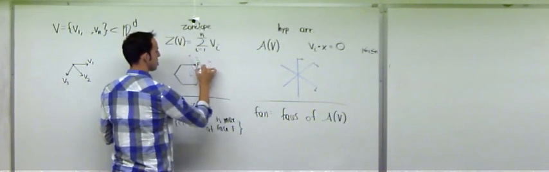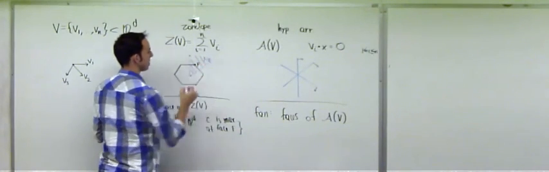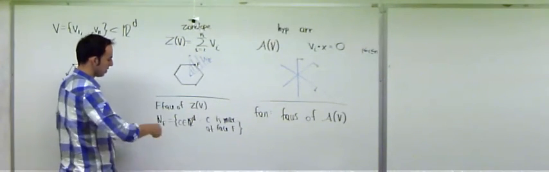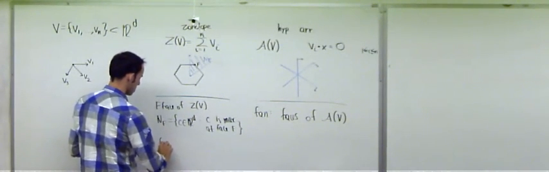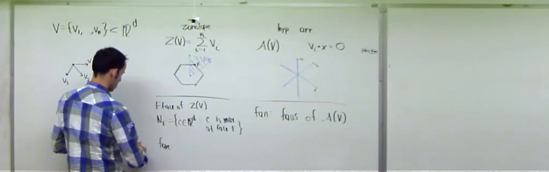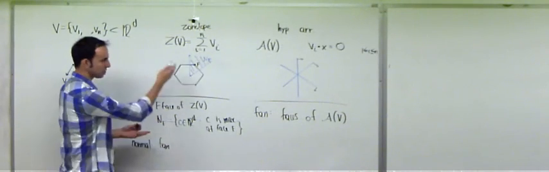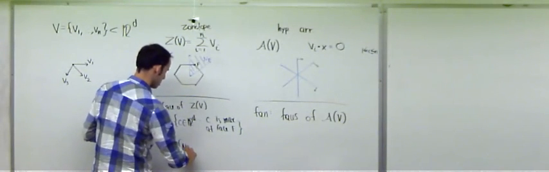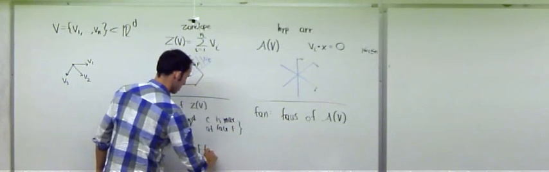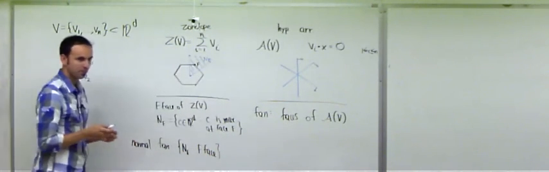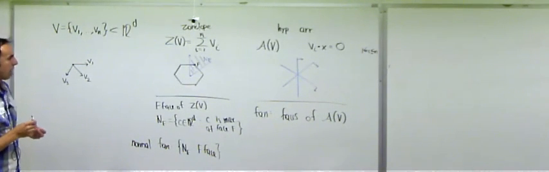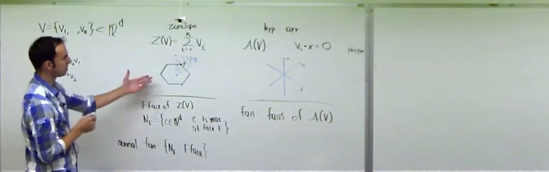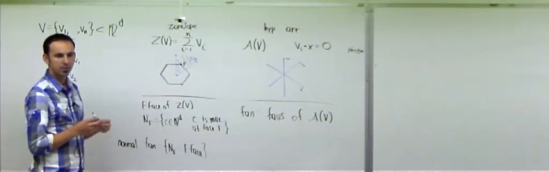So this is N sub F. And then we consider the fan. The normal fan consists of all of these cones for all the different faces, right? Okay. And the statement that I made at the end of last time that I want to prove now is that these two constructions give you exactly the same fan. Okay. Question?